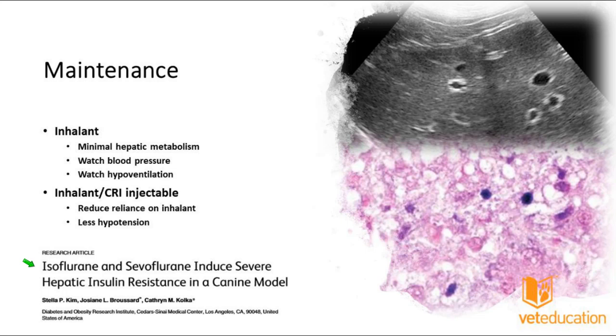So if your standard dose for, let's say, a dog with a GDV might be 0.1 to 0.2 milligrams per kilo, you may want to start off with perhaps half of that dose to begin with and see what central nervous system and respiratory depressant effects that you see, and then perhaps adjust the dose upwards if you need to. With ketamine, a standard dose for analgesia is anywhere between 0.3 and 0.6 milligrams per kilo per hour, and maybe 0.3 to 0.6 milligrams per kilo as an IV bolus for analgesic effect.